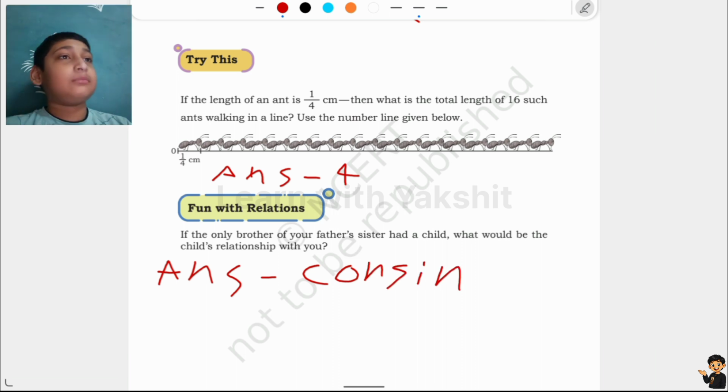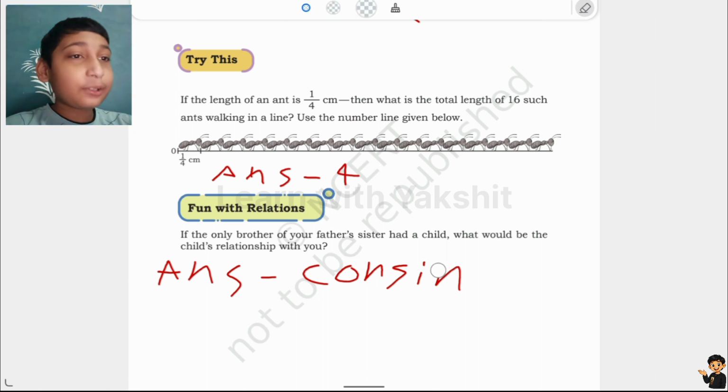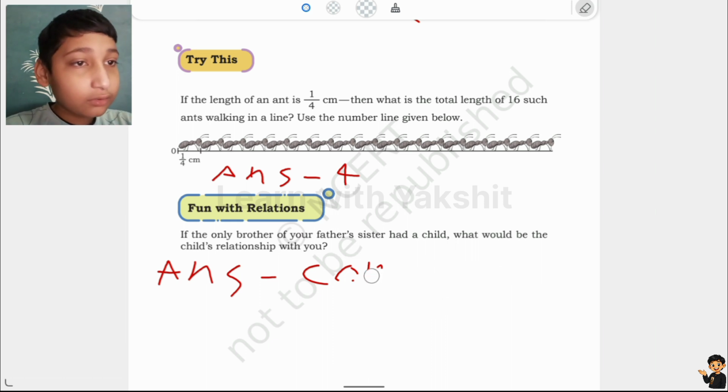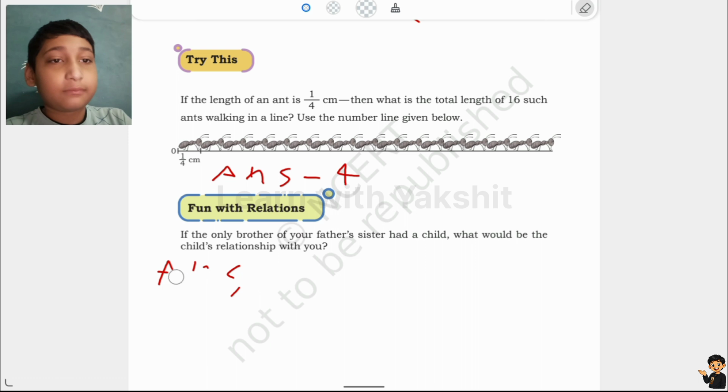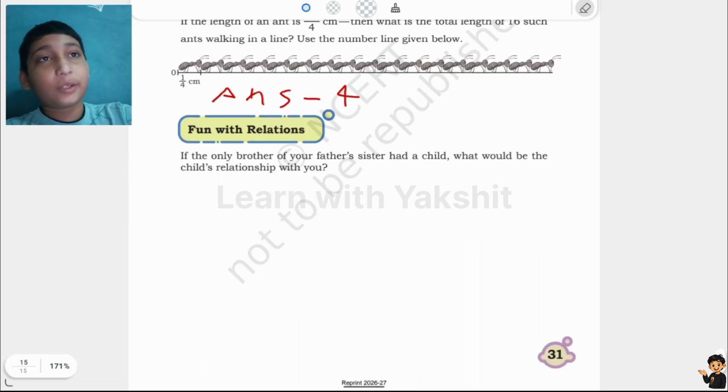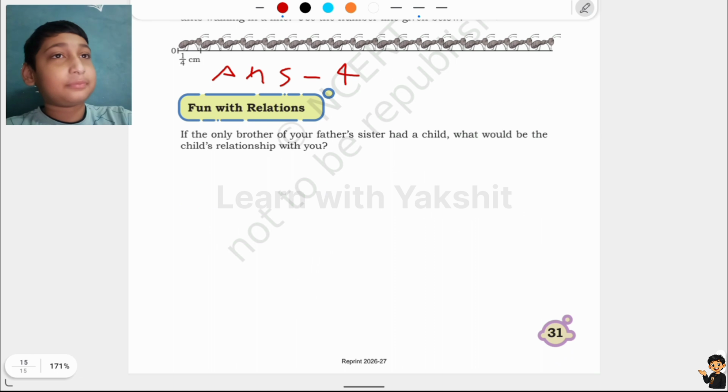Wow. Fine, it's cousin. I wrote the spelling wrong. Okay, here's the solution. I can only tell you the solution, not the answer.